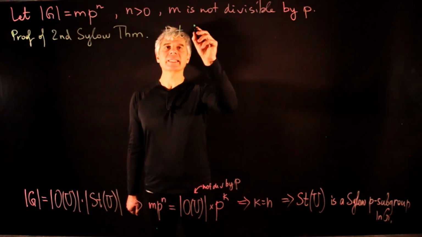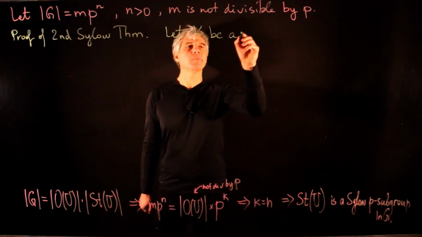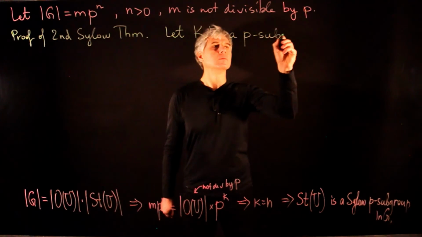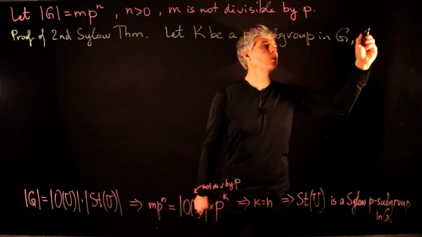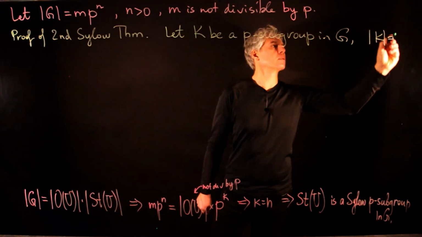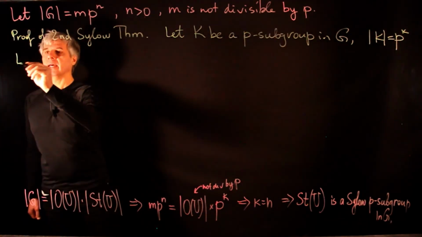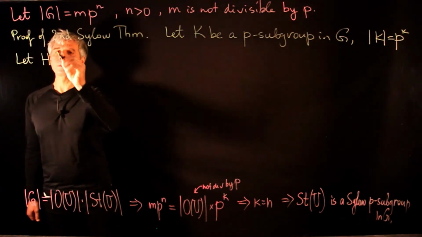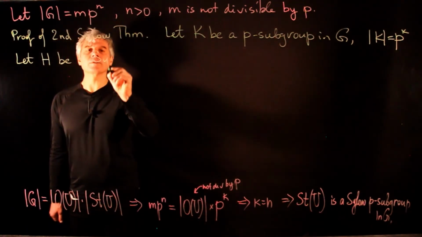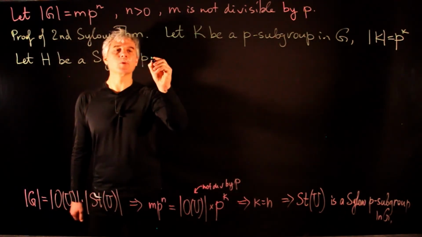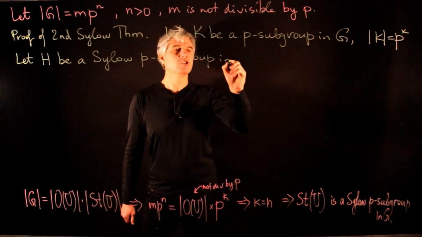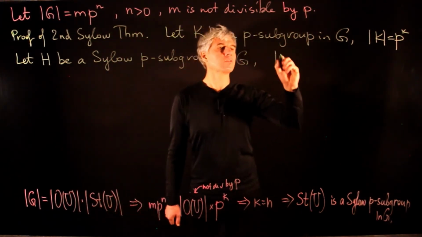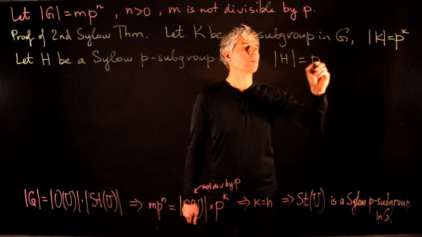Let K be a p subgroup in G, so the order of K is p to the power k. And let H be a Sylow p subgroup in G, so the order of H is p to the power n.